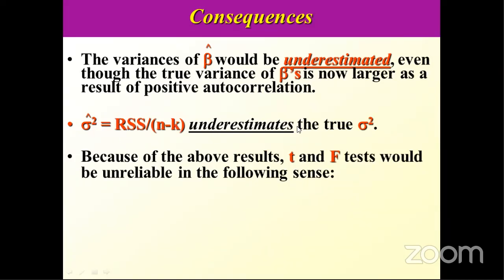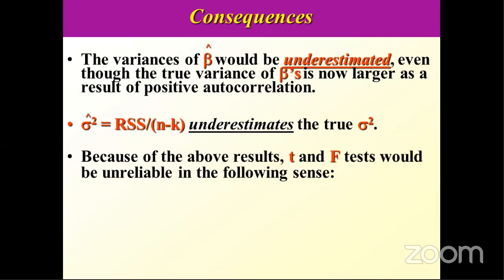That is also underestimated. This is also because of the consequence of the presence of autocorrelation. The first one is that the variances of the betas are larger, they are underestimated. Then the true value of the sigma square is also underestimated.